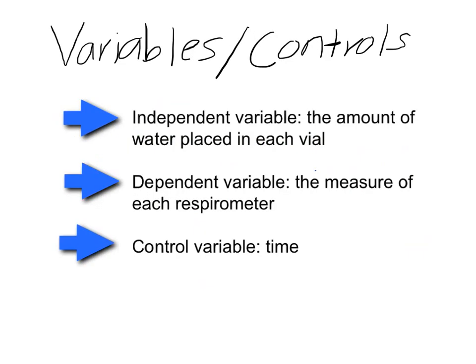There are different variables involved in this lab activity, and an independent variable is the amount of water placed in each vial. The dependent variable is a measure of each respirometer, and the control variable is time.